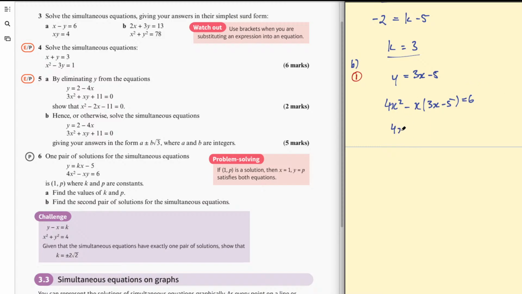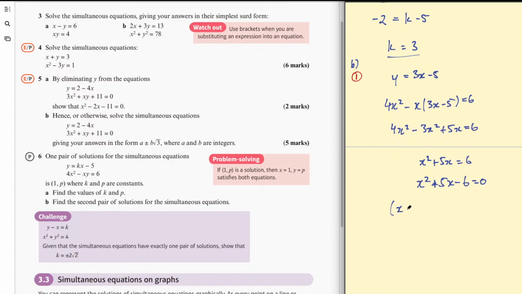And then 4x squared take 3x squared plus 5x is equal to 6. And then x squared plus 5x is equal to 6, and then x squared plus 5x take 6 is equal to 0.